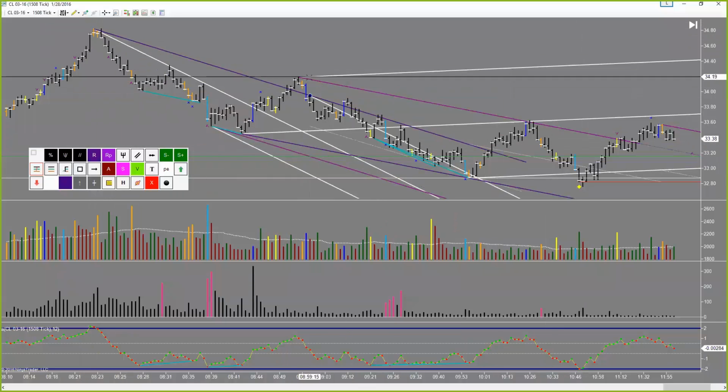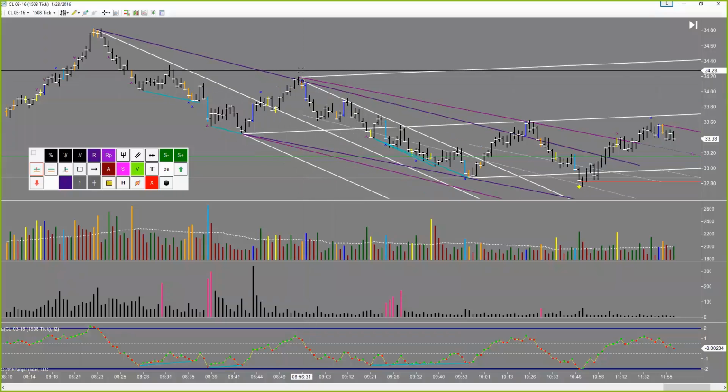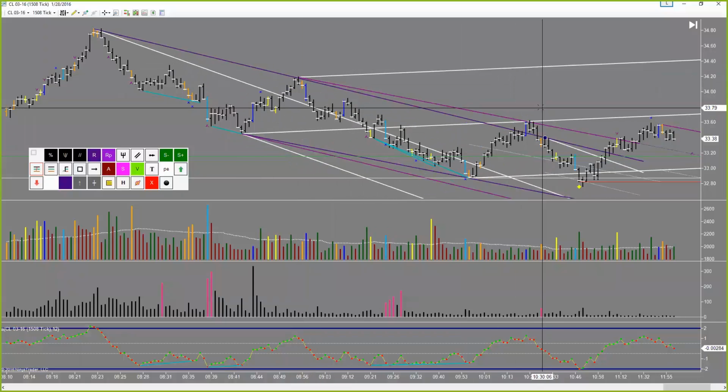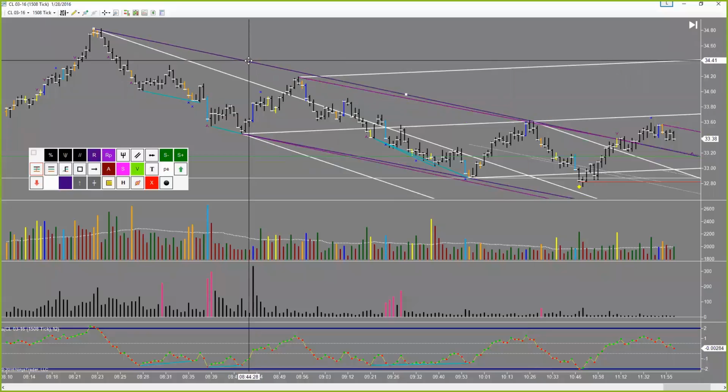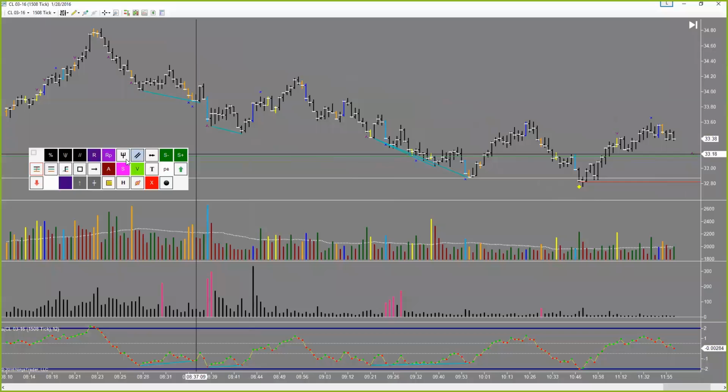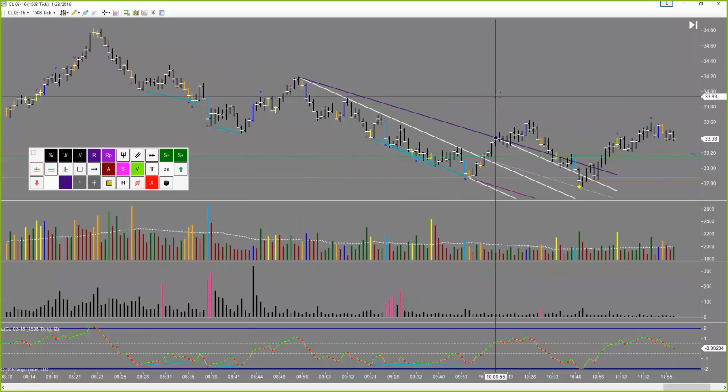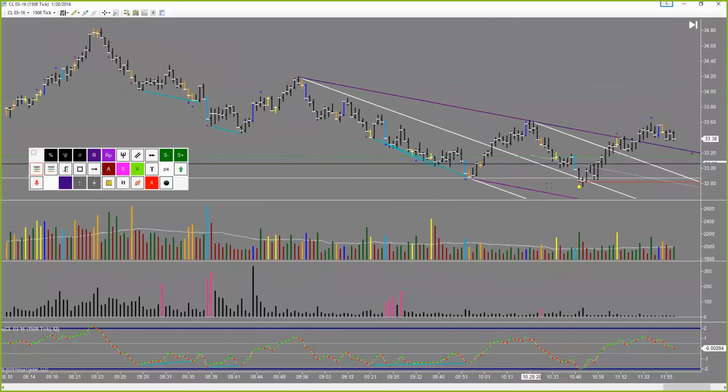So if I connect from this high to that high, probably get the median line right there. Yep. So 80% of the time it will make it back to the median line. And that's what happened here.